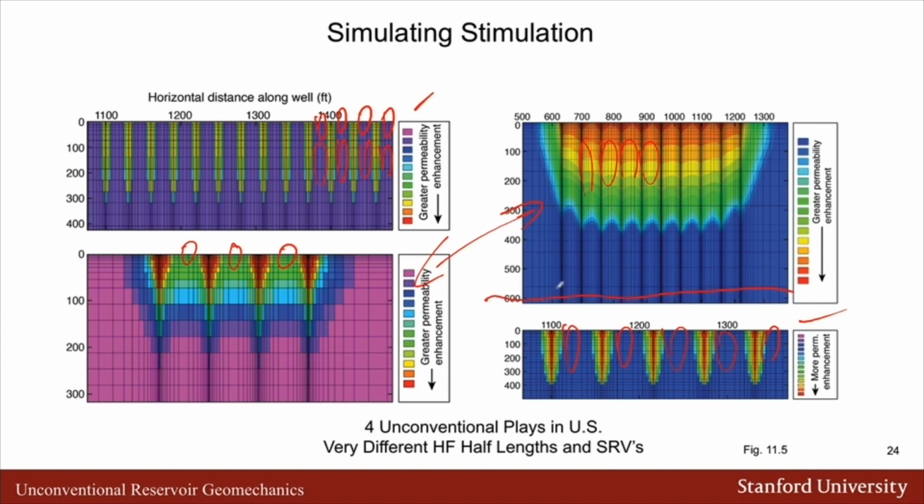And we're getting some idea here about the distance over which the fracture half length is being viewed, not in terms of the fracture itself, but really in terms of how far away from the well you are really enhancing the permeability and increasing production.